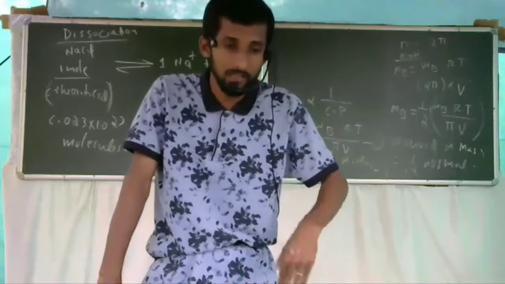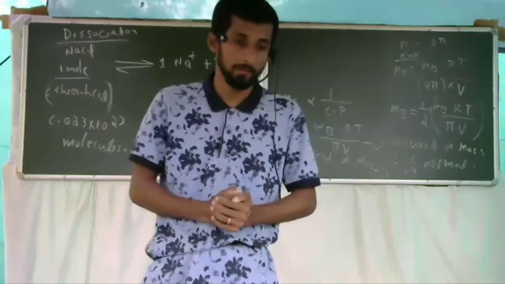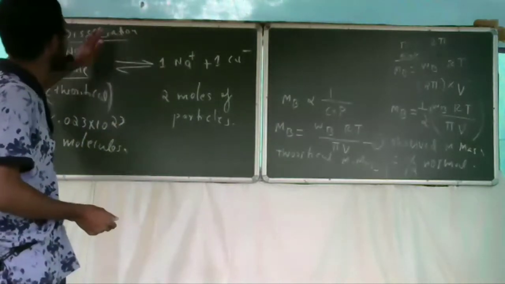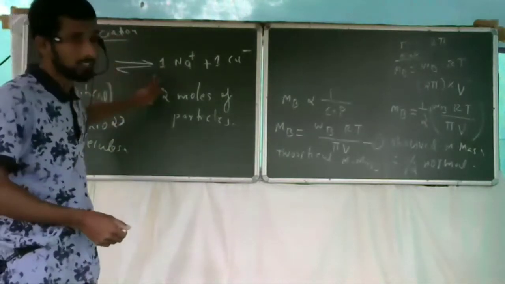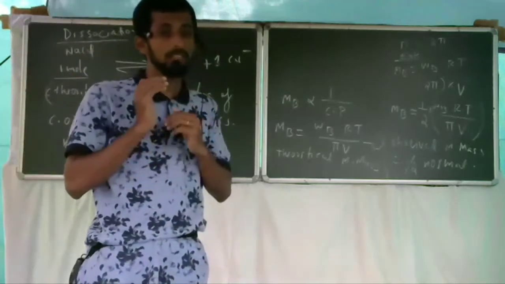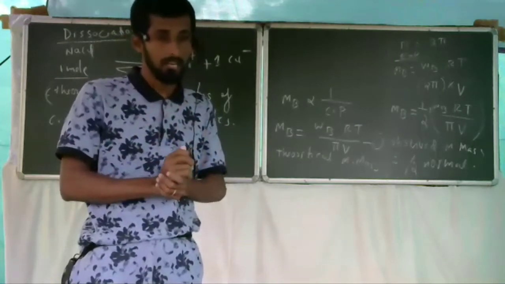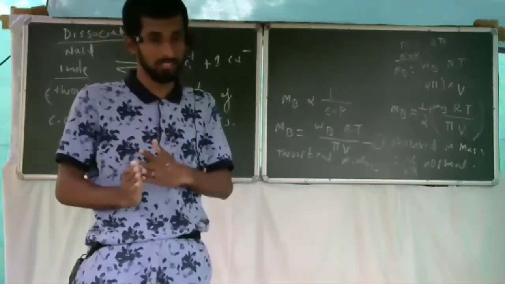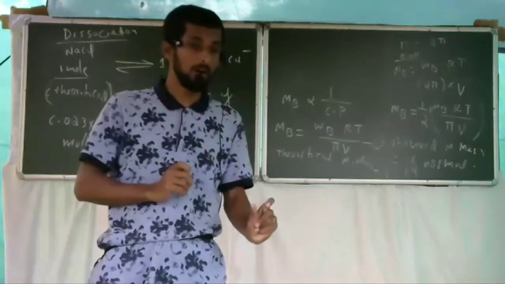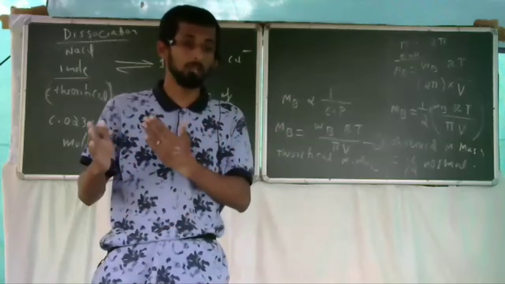If you calculate it using osmotic pressure, you get half of 58.5. Clear? That is on account of dissociation. If ionic solids undergo dissociation, the observed molecular mass, that is the experimentally calculated molar mass using colligative property, is always lower than the normal molecular mass.